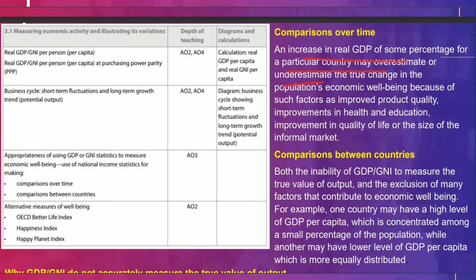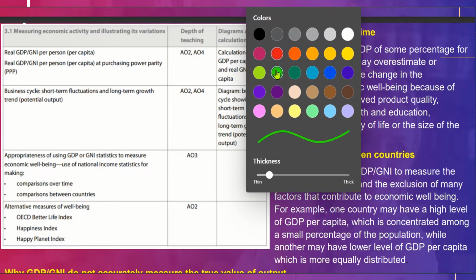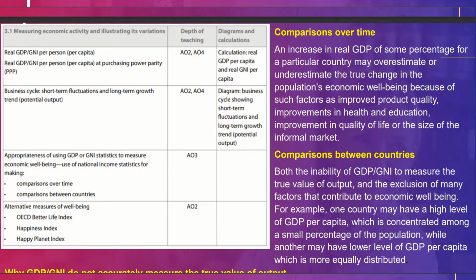It is not necessary that real GDP will speak the truth about the economy. Sometimes the real GDP estimate may overestimate the actual number because the informal economy is not included, the parallel economy is not included, and there are many other factors.